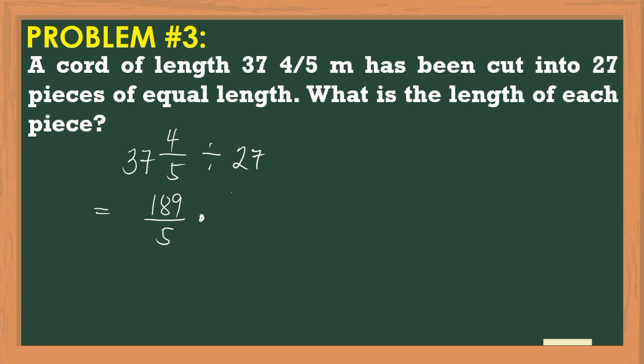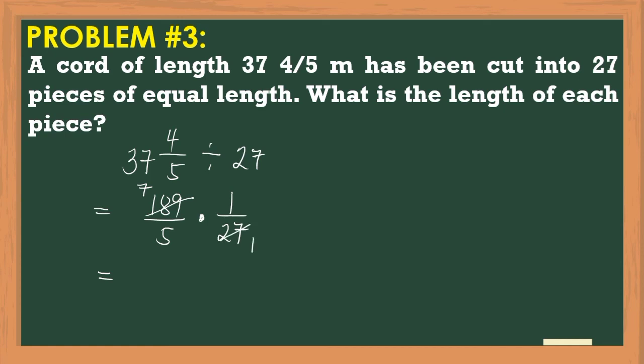So, the reciprocal will be 1 over 27. Next, multiply them. So, 189 and 27, the GCF is 27. So, 189 will become 7. So, 189 divided by 27, that is 7. And then, 27 will become 1.